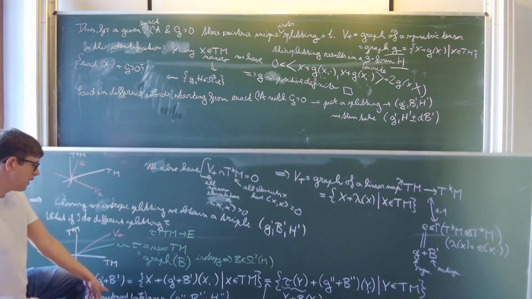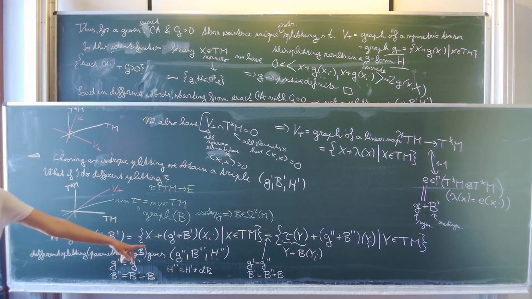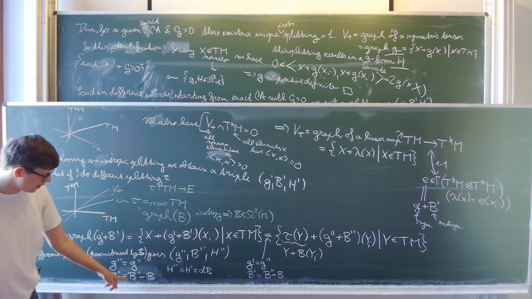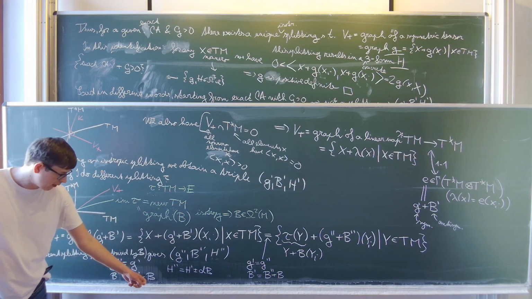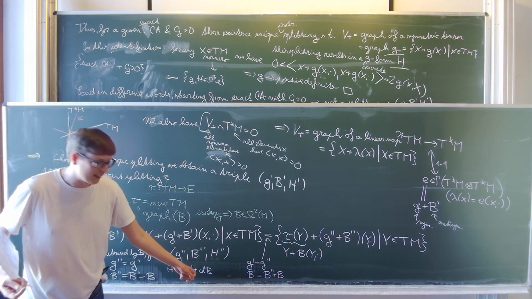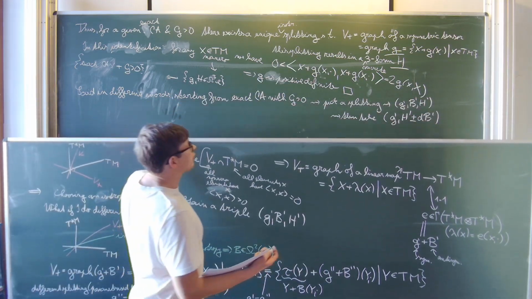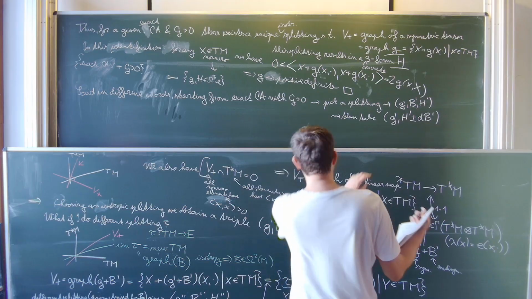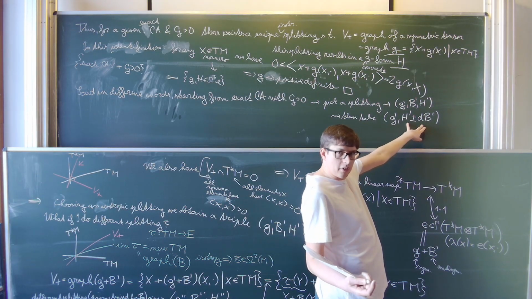One thing that you see here is that whenever I use a different isotropic splitting and I change this triple, the way it changes is that from this thing I subtract my B, and to this thing I add or subtract, depending on the sign, dB. So this particular combination is invariant under the change of the isotropic splitting.